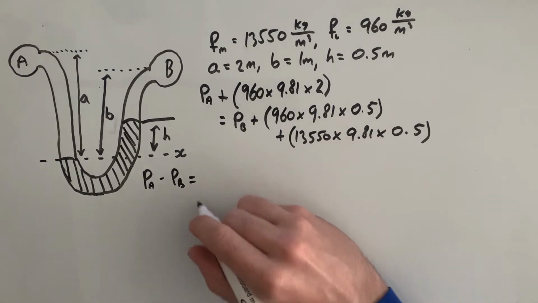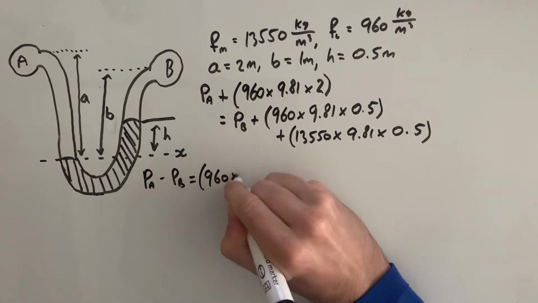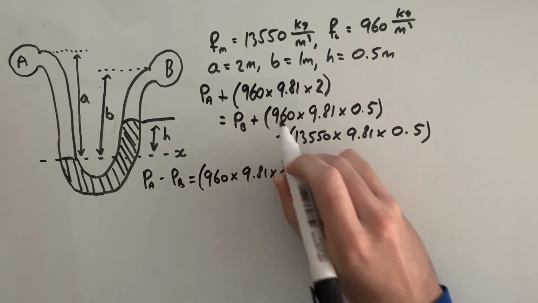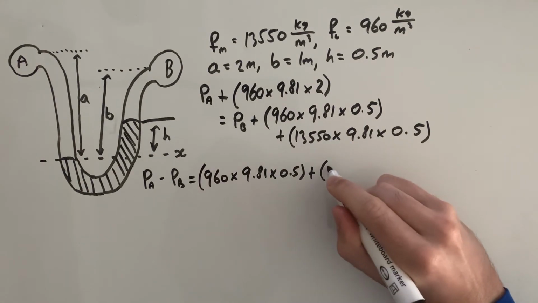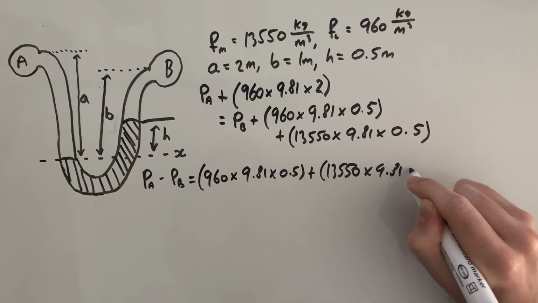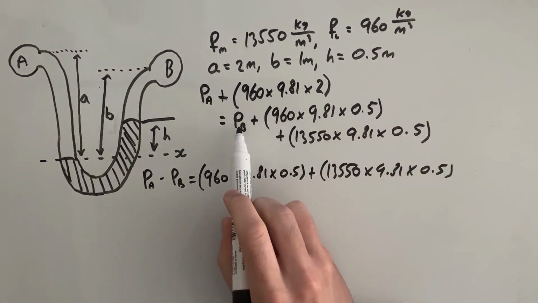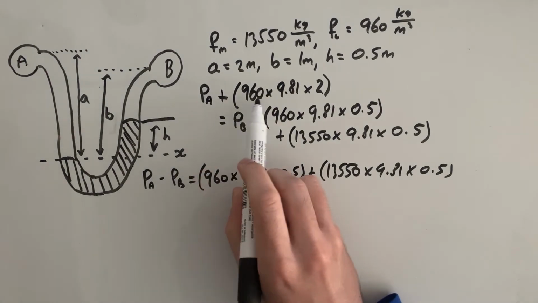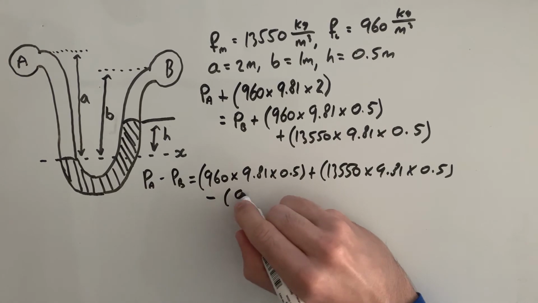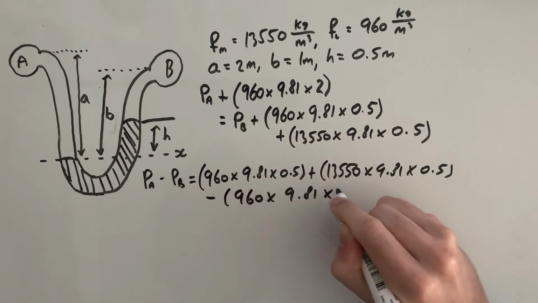So PA minus PB will be equal to 960 times 9.81 times 0.5, this, plus 13,550 times 9.81 times 0.5, this. And remember, we're changing the subject, so we subtract PB from both sides, so we need to also subtract this, so we'll get minus 960 times 9.81 times 2.